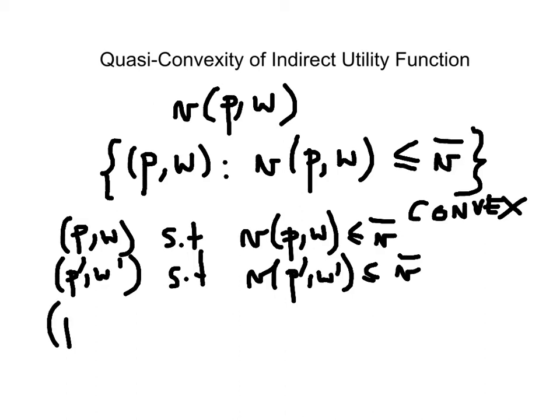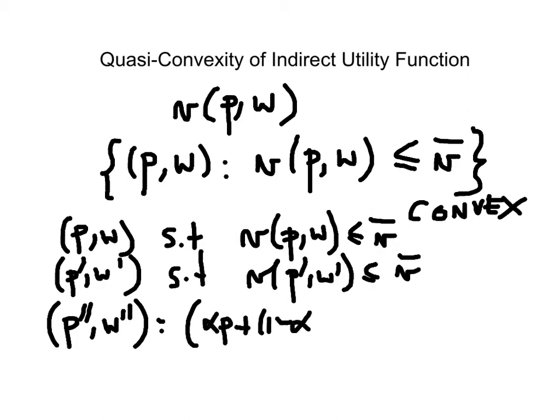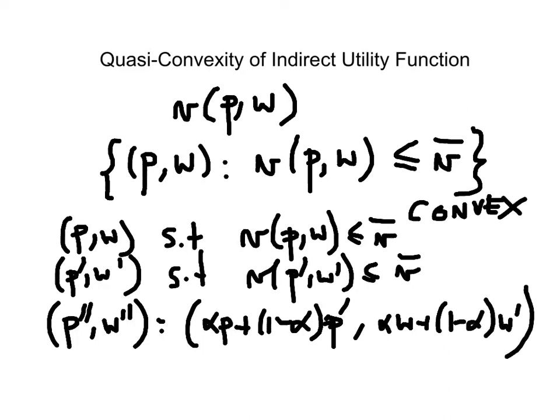I'm going to call this vector P double prime, W double prime, which is equal to alpha P plus 1 minus alpha P prime, and alpha W plus 1 minus alpha W prime, alpha a number between 0 and 1.